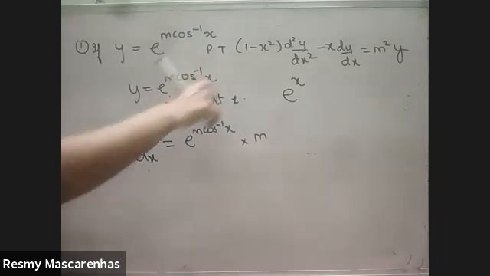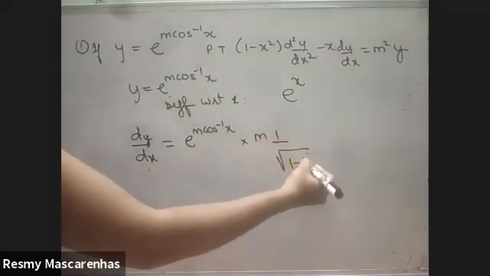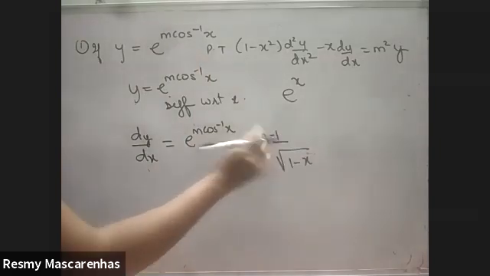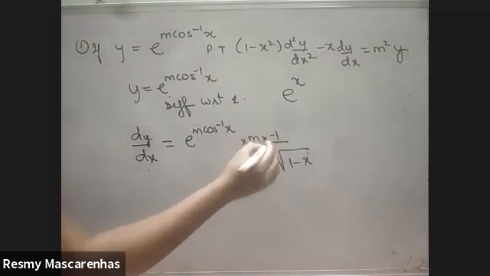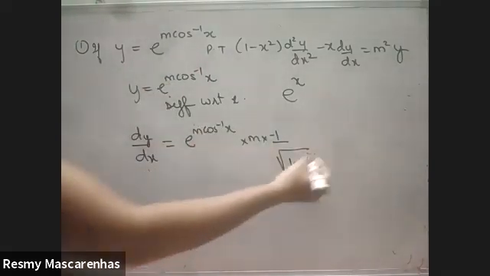And the derivative of cos inverse x is minus 1 upon root of 1 minus x square. This is m into. If it was 5, this would have been 5 into.